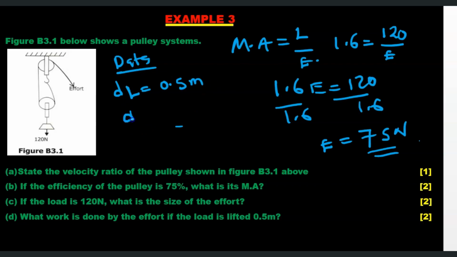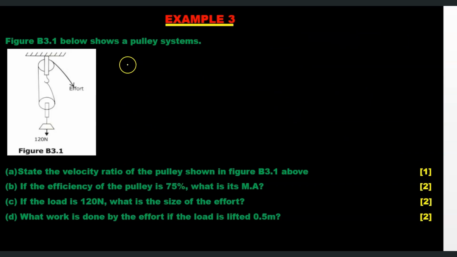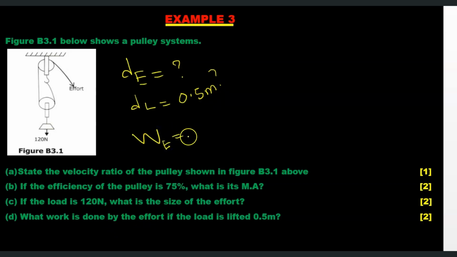The distance moved by effort is the one we don't have, but the distance moved by load, we have it to be 0.5 meter. Now, the question is, what work is done by effort? So we are looking for work done by effort. For us to calculate work done by effort, we need effort as the force, multiplied by distance moved by effort.